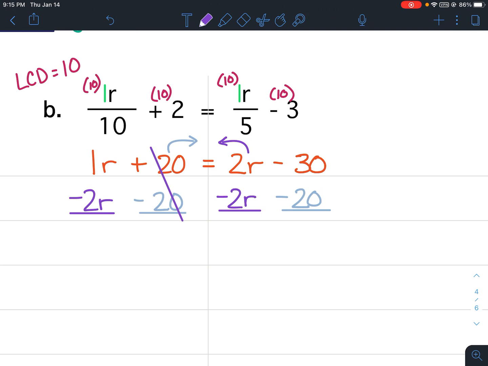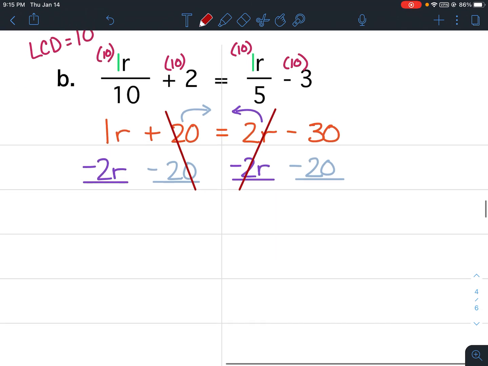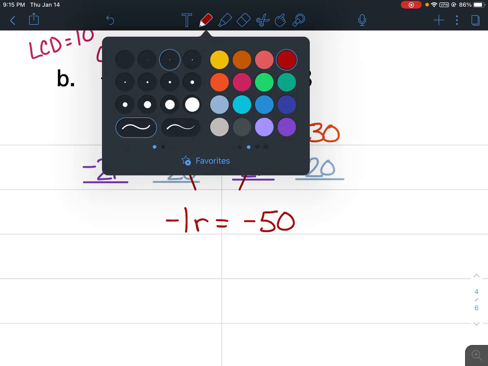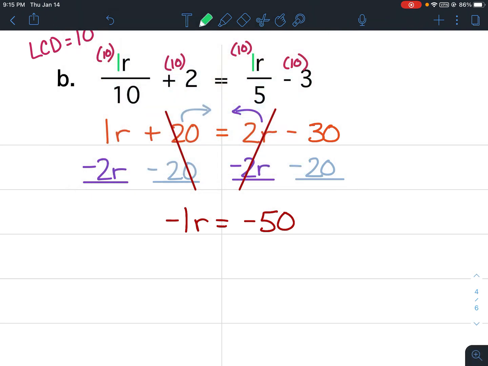So these will cancel. And these will cancel. So 1R minus 2R would be -1R. -30 minus 20 is -50. Please use your calculators. All right, last step is to isolate the variable.